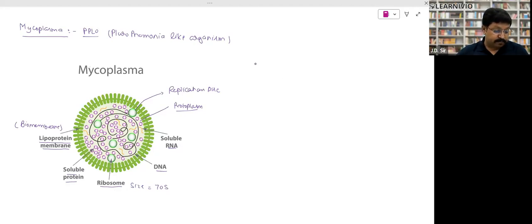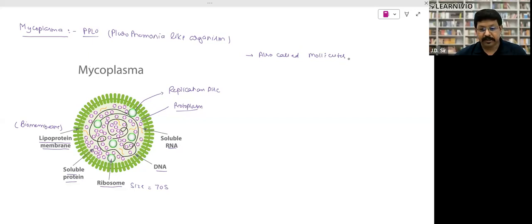So mycoplasma, they are also called PPLO. They are also called Mollicutes.